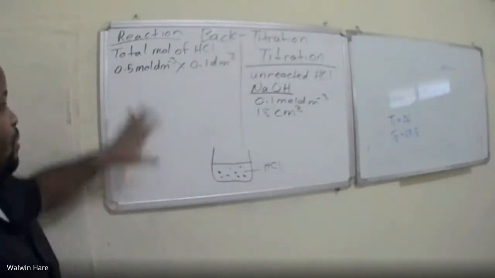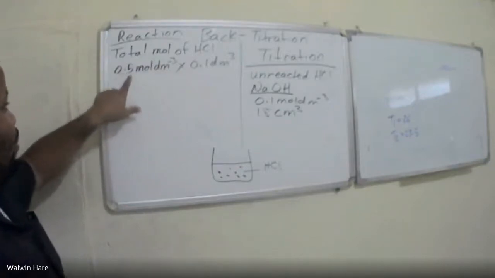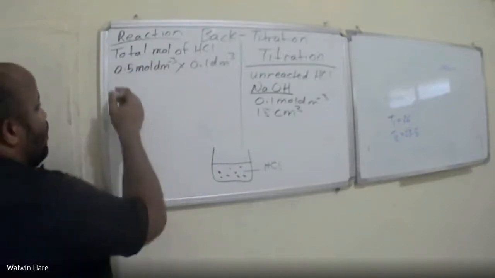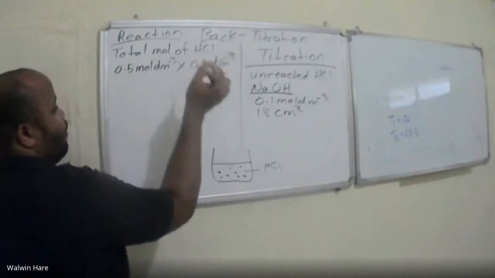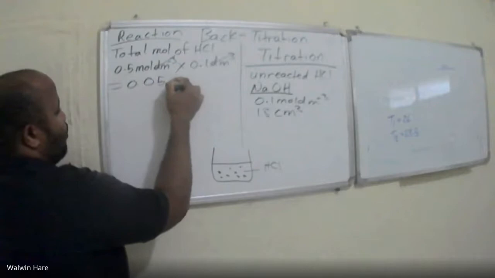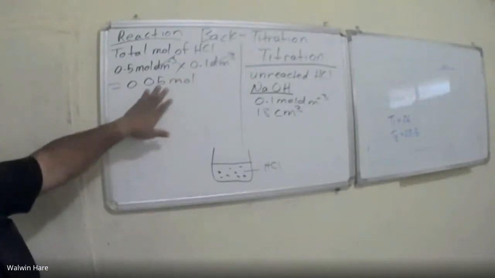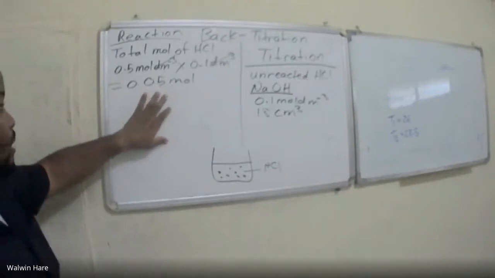So whatever is used in the reaction, that is the total amount. So 0.5 times 0.1 would be 0.05.